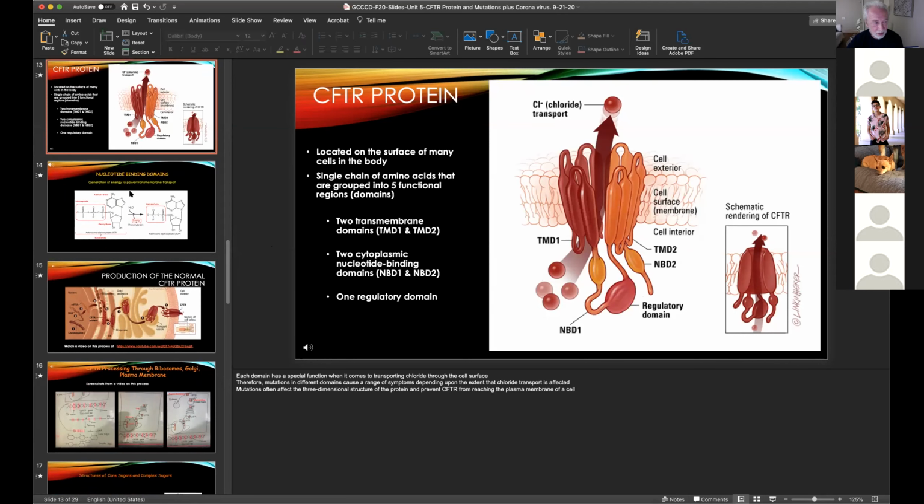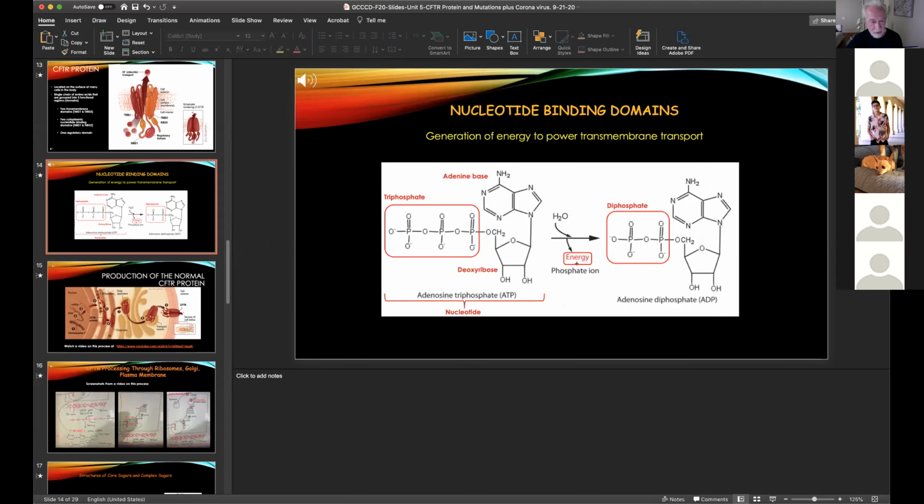Where does that energy come from? It comes from ATP. ATP is the main energy source in cells. And when you look at ATP and its derivative, ADP on the right, you recognize that that looks very much like a nucleotide. And in fact, it is.